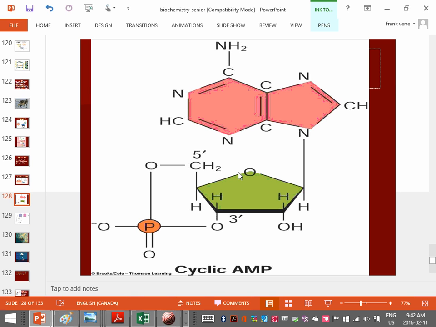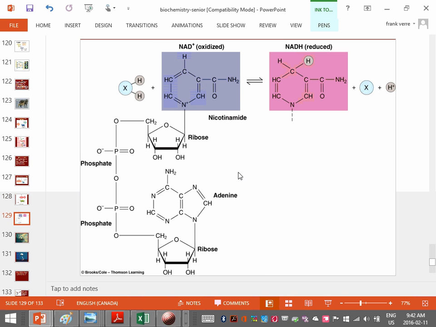All right, and this is the last one. This is also used in making energy. But again, what do you see here? Carbohydrate, nitrogen base, phosphate. This is made up of two of these, so it's like a dinucleotide. You can see there's two of them.